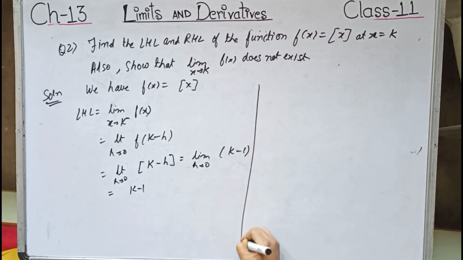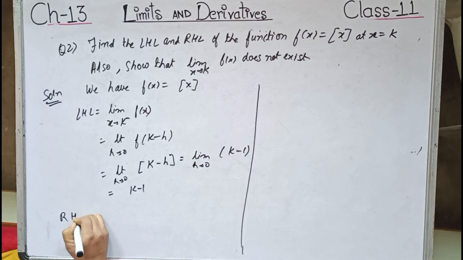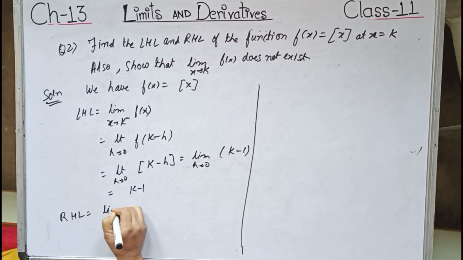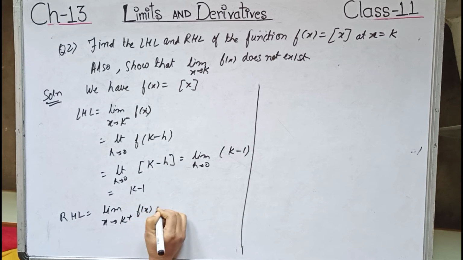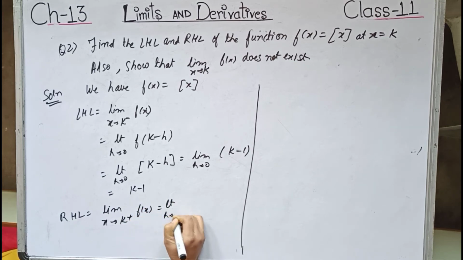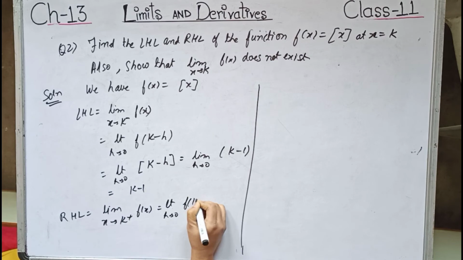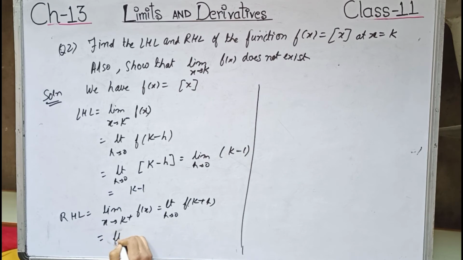Let us find the right hand limit. Right hand limit equals limit x tending to k plus f(x) equals limit h tending to 0 f of k plus h, which is limit h tending to 0 greatest integer function k plus h.